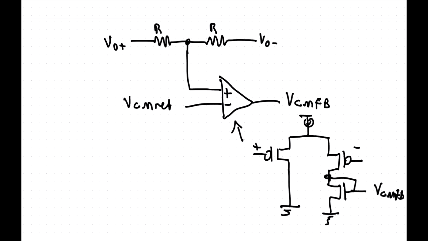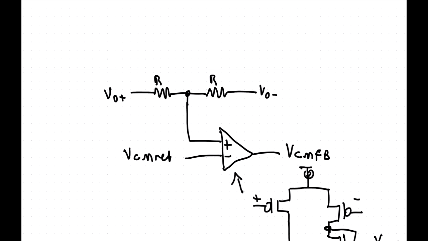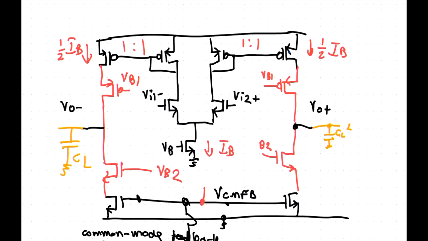All right. I want to say one extra thing about the common mode feedback. I showed you the easiest way that you can measure the common mode is just two resistors between them. However, I have now broken the op amp, because I have put a resistor between these two outputs.